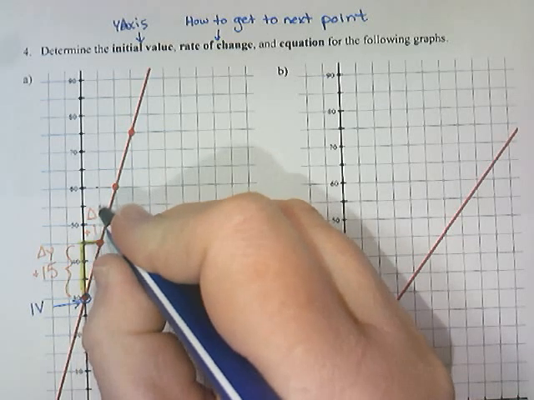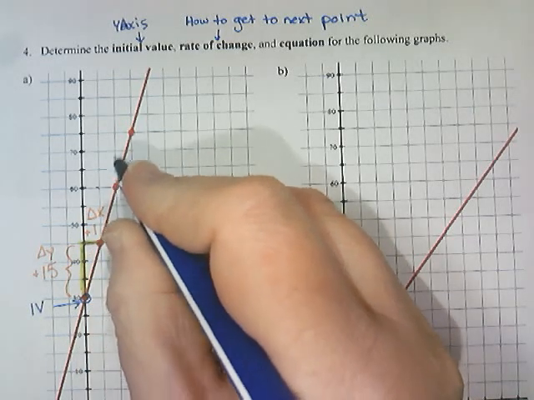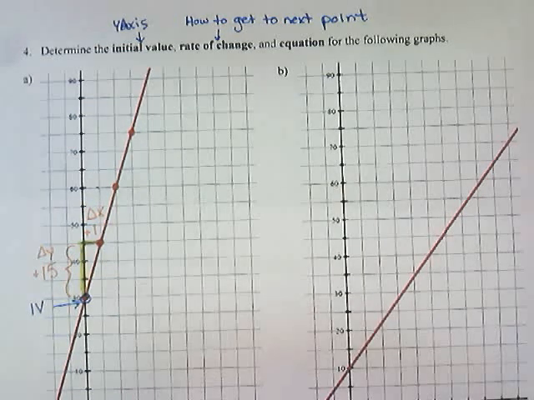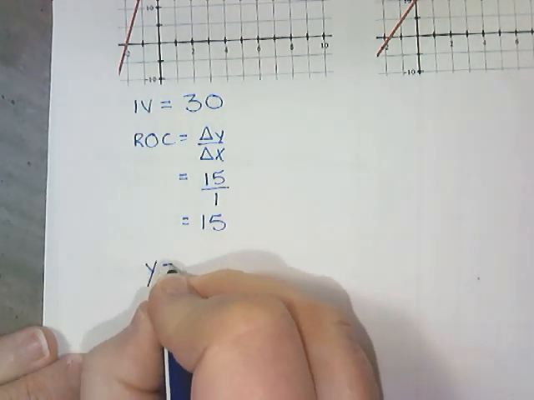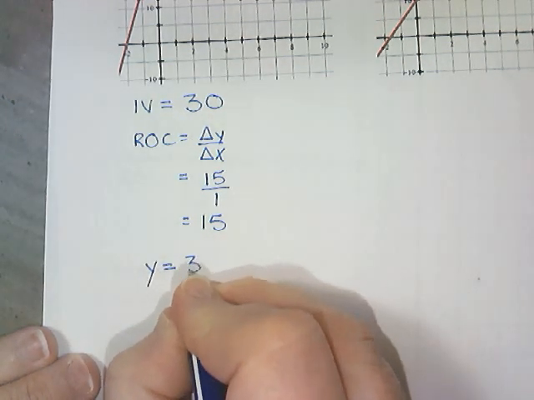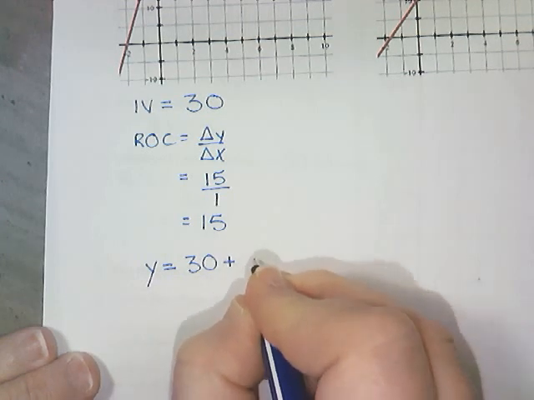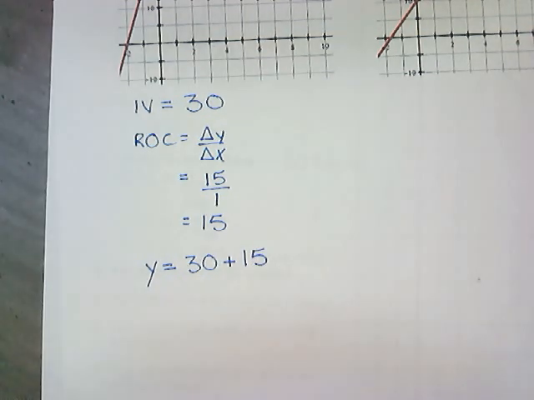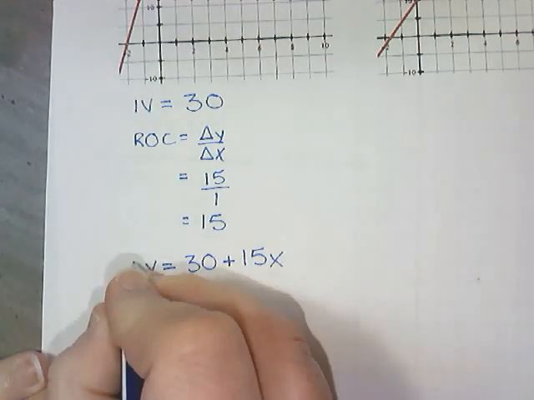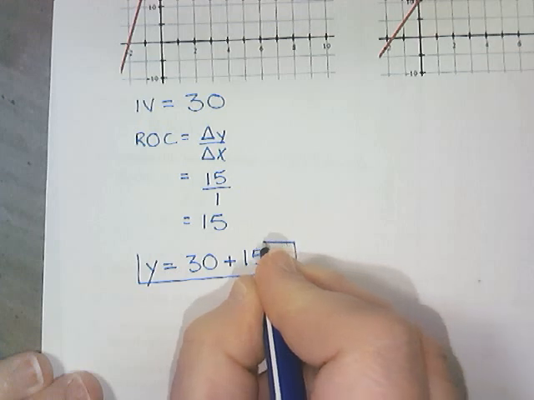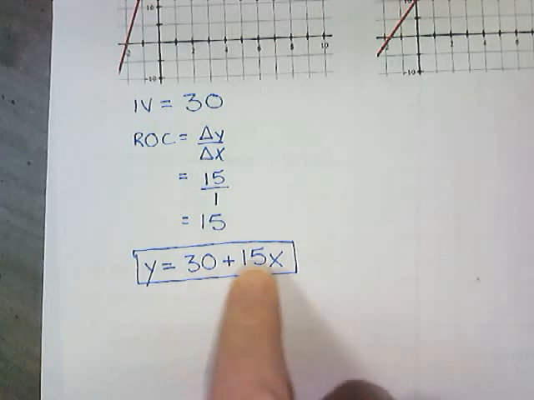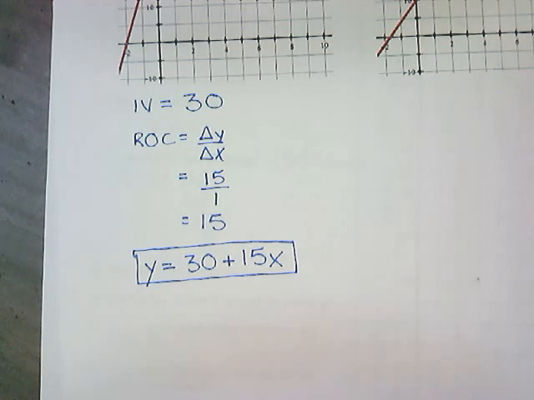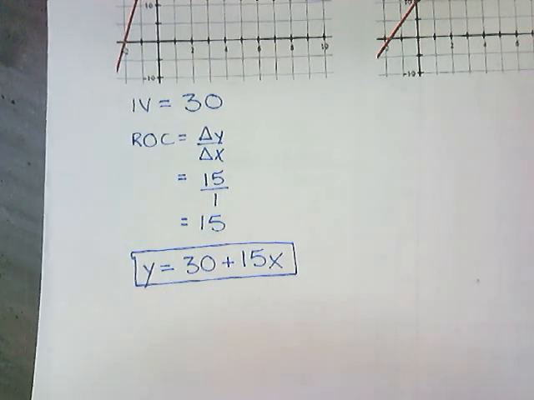I would go up another 5, 10, 15 over 1, 5, 10, 15 over 1, and I'm still on the line, so I'm feeling good about that. So my equation is going to be y equals my initial value, that's 30, plus my rate of change, which is 15, times x. So it's going to be y equals 30 plus 15x. We start at 30 on the y-axis, and then we go up 15 and over 1 every single time we're finding a point. Okay.